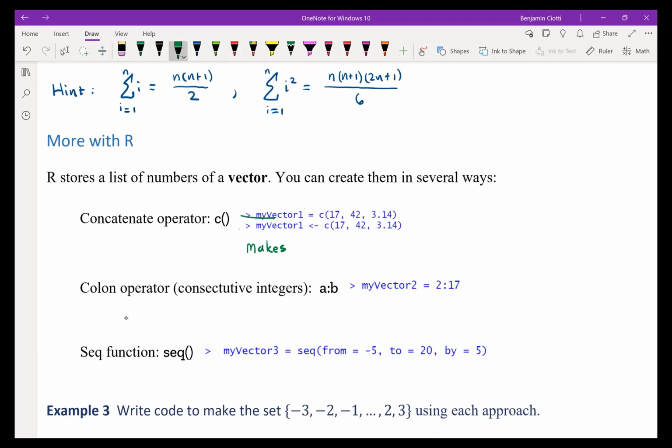Whether you do the first one or the second one, this makes the list of numbers, or the vector, 17, 42, 3.14.